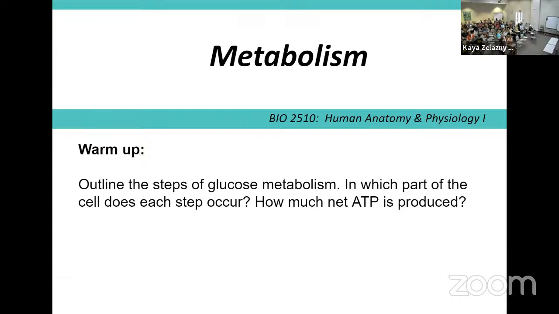All right, so I'll give you a couple minutes to do this before we continue on where we left off, which was with the Krebs cycle.